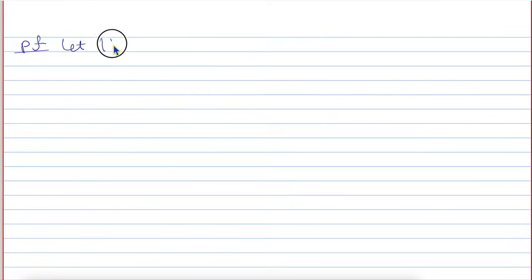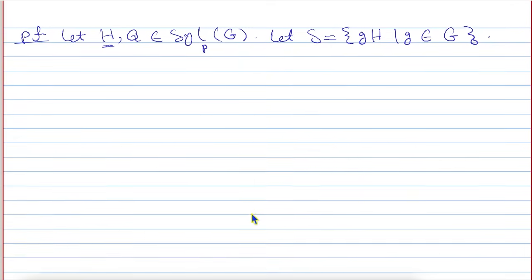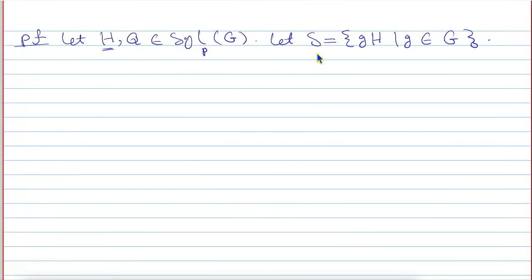So let H and Q be in the set of Sylow p subgroups of G. Okay, and let's define some set S to be the set of all left cosets of H in G. So this is the set of gH, little g such that g is in the group G. Okay, and as you may expect, we will apply some group action on S, but this time we will not apply the action of G. Instead, we will apply the action of Q. So let Q act on S by left multiplication.